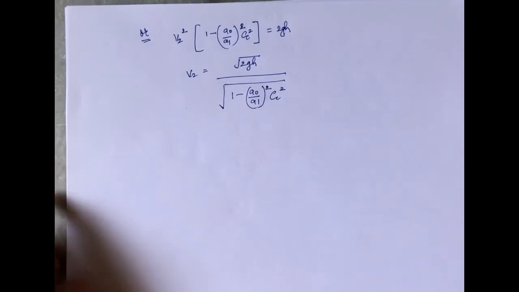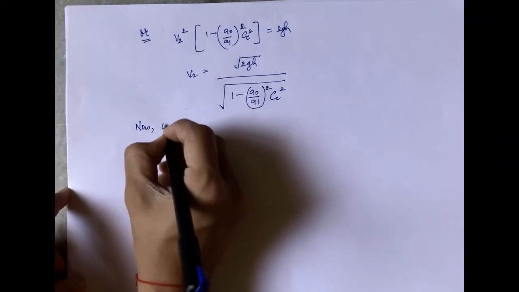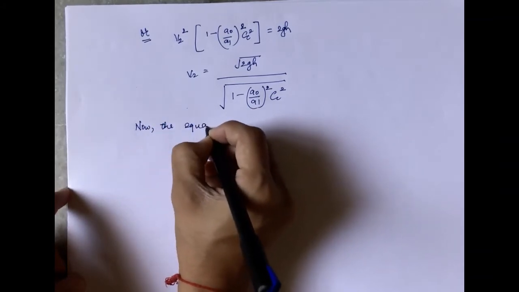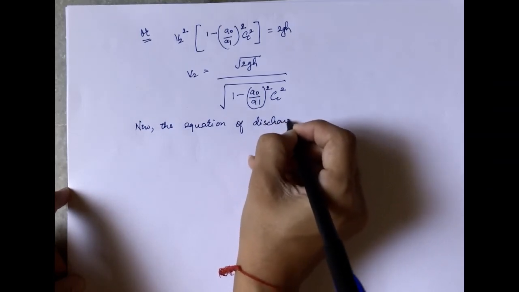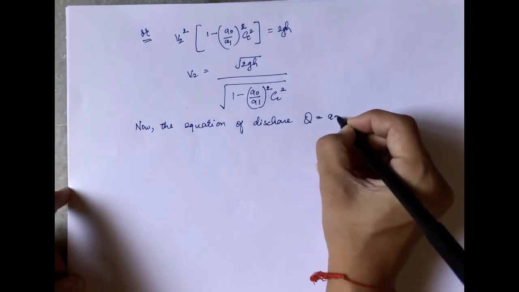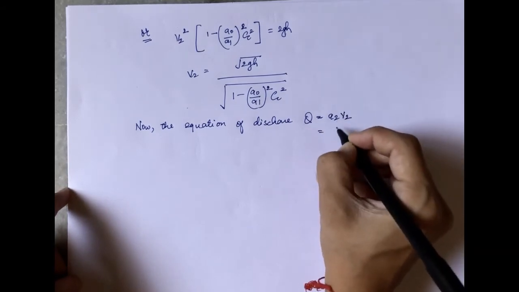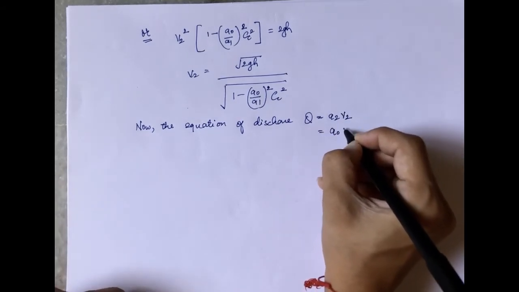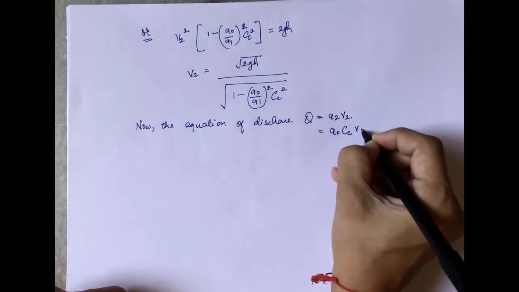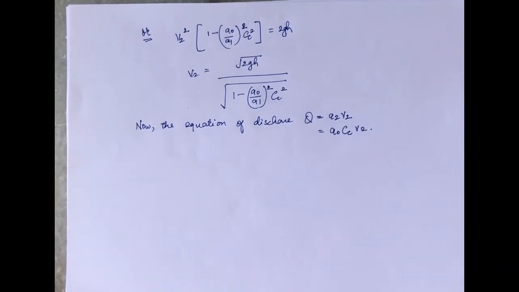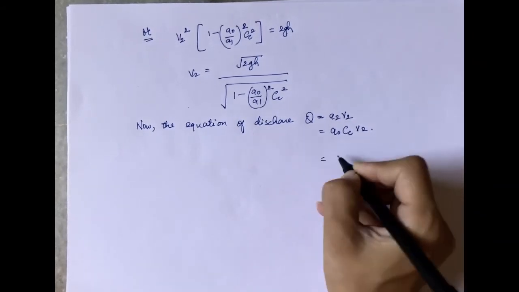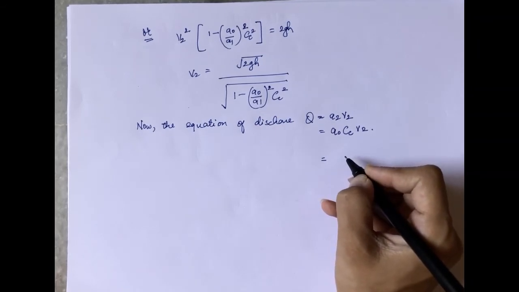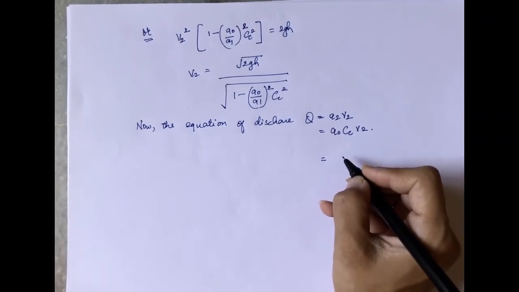Now, the equation of discharge: Q is equal to A2 V2, and instead of A2 we write A0 Cc into V2.